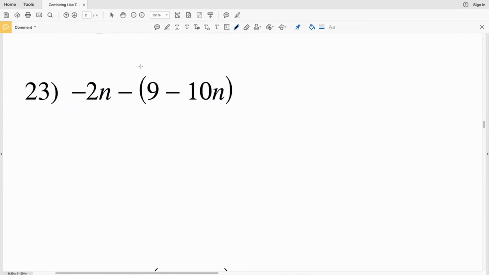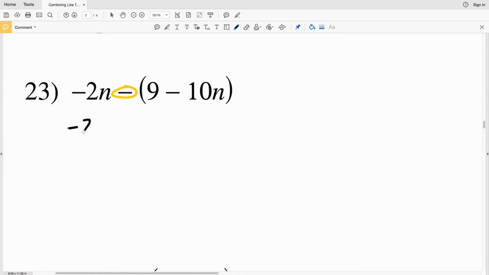Number 23, note the parentheses. Again, we're going to have to use the distributive property. But as you notice, there's not a number on the outside of these parentheses to multiply by. However, there is subtraction. So I'm going to rewrite this to show you how we're still going to use that distributive property.